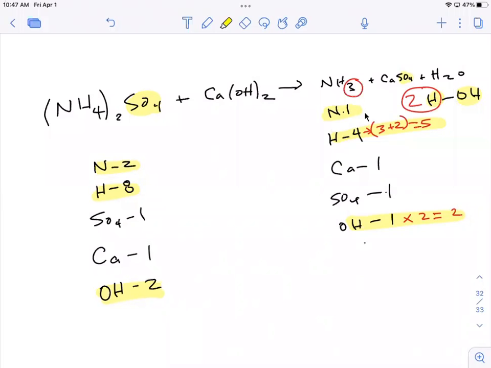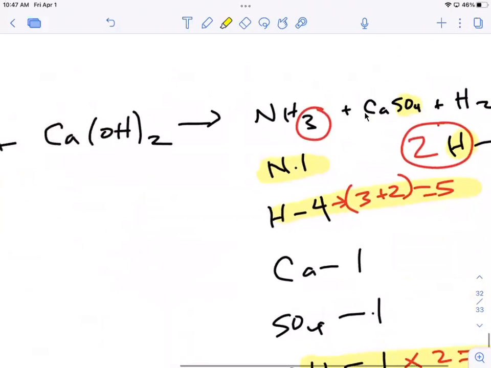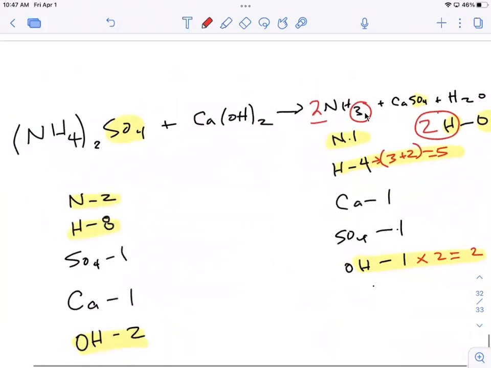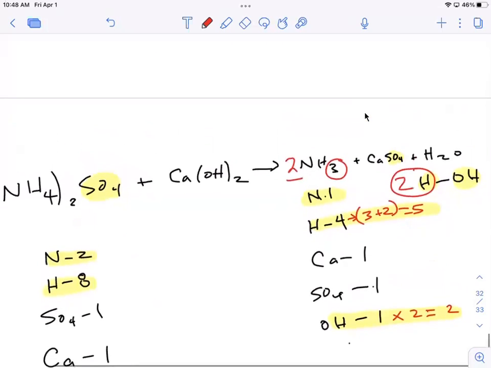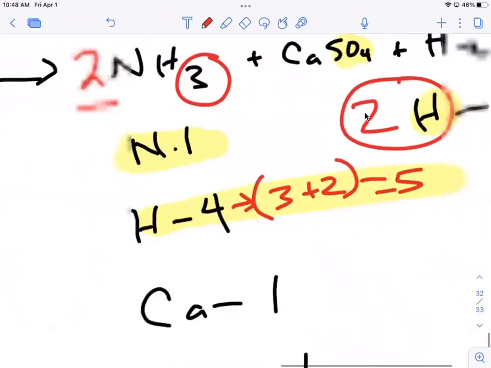So if I want to balance the nitrogens, I can do this. If I put a 2 here, right, that's also going to increase the number of nitrogens. And then this, we have 2 on this side already. So that's going to give me this times 2, which is going to be 2. And now this number is going to change again.